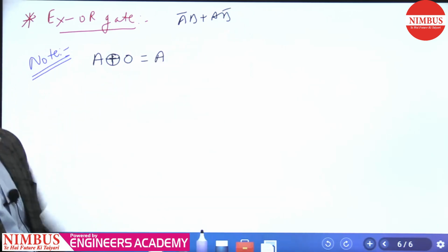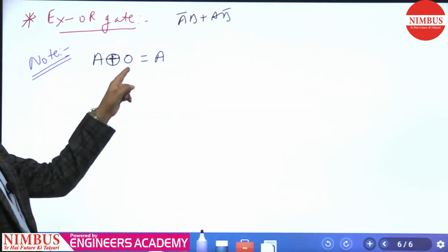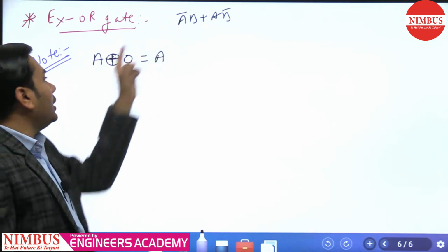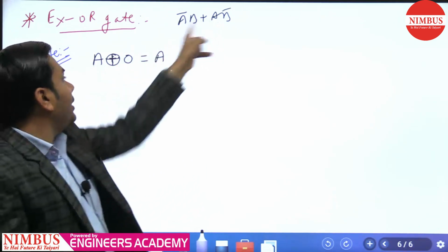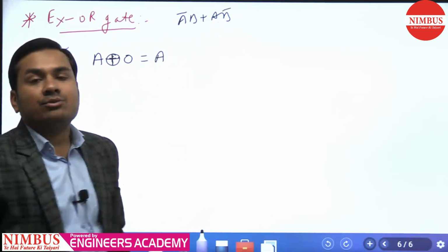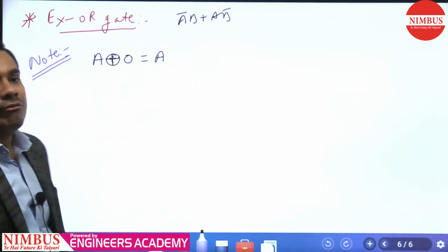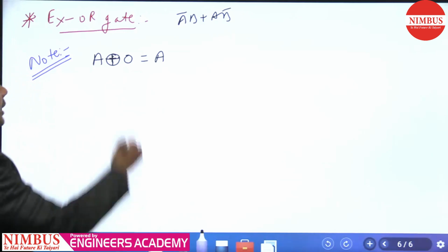Put these values in this formula: that is A, that is B. So we have A bar into 0, that is 0. For this one we have A and complement of 0, that is 1, that means A. So finally, for A XOR 0 we have A.